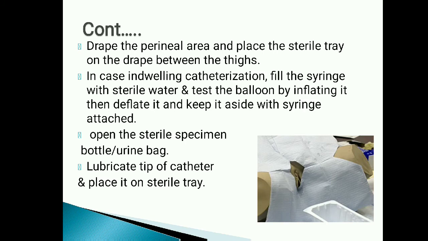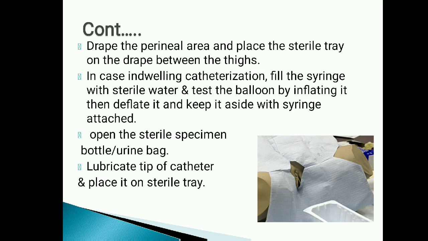In case of the indwelling catheterization, fill the syringe with the sterile water and test the balloon of the catheter by inflating it to check for the leak of the balloon. Deflate it and keep catheter aside with the syringe attached to it.